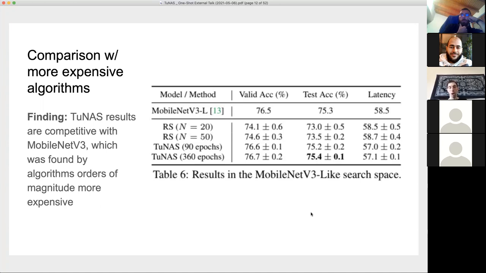We built a large search space around this network architecture, and then ran our weight sharing implementation on it to see if it could provide results which were competitive with MobileNet v3. And in this case, what we found is that the results actually were competitive.